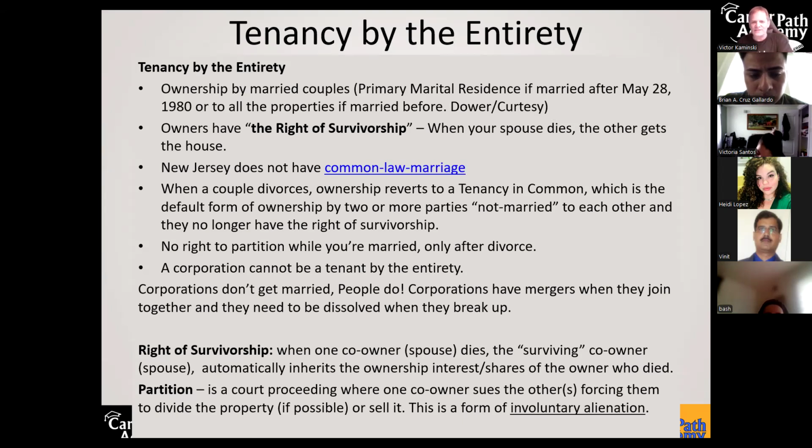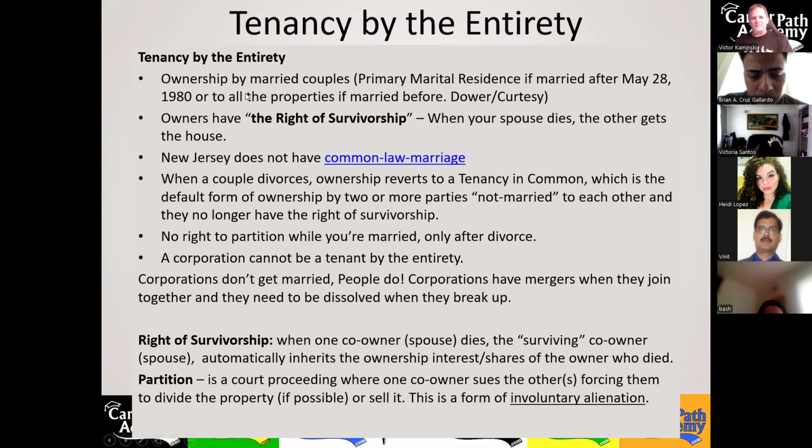If you're married before May 28, 1980, your spouse has the right of survivorship of all the properties that you own. They have a marital interest in all the properties you own because you have the right of dower and courtesy. But if you were married after May 28, 1980, your spouse has the right of survivorship and they get the primary marital residence, unless you had a prenuptial agreement or some legal agreement in writing that said something to the contrary.